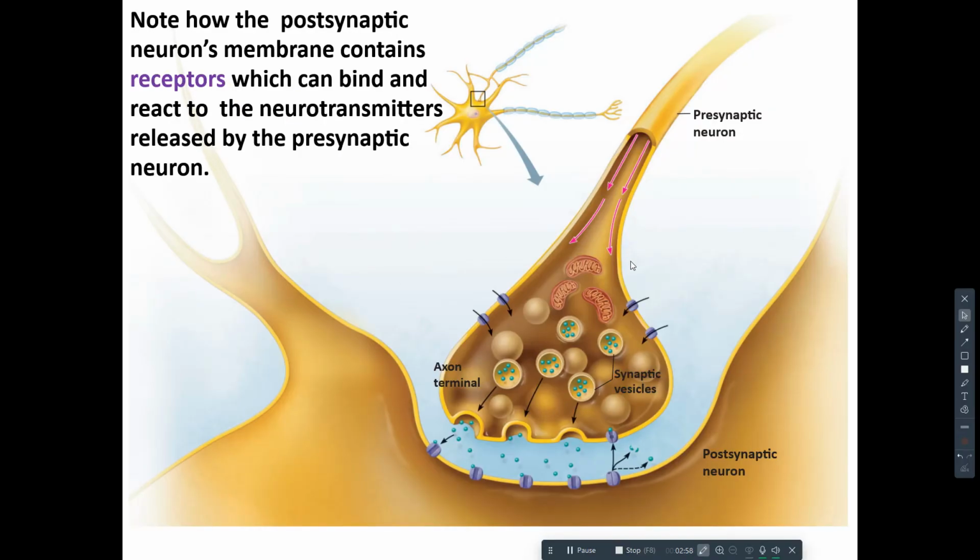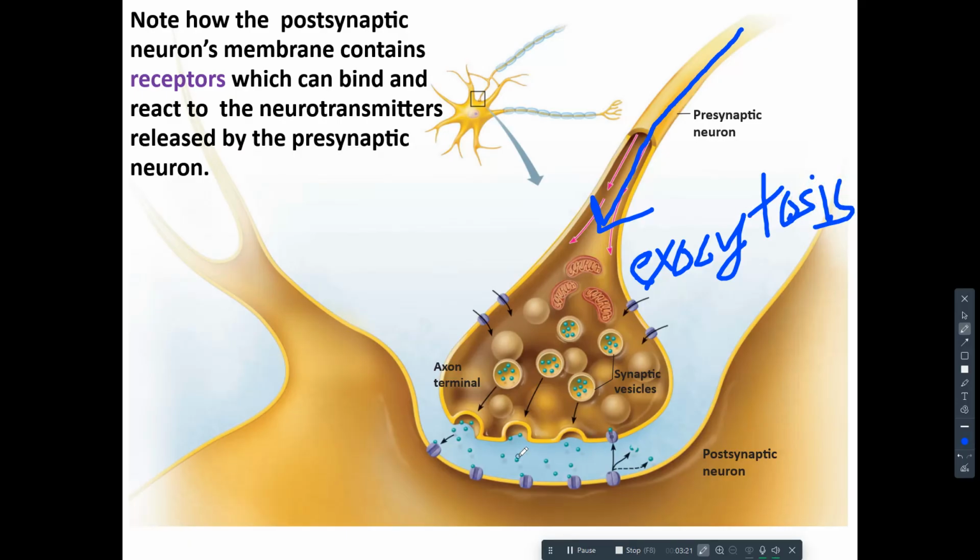So what's going to happen is when the electrical signal comes down the presynaptic axon, it's going to cause these synaptic vesicles to release their contents. They're going to do some exocytosis that releases the neurotransmitters into the synaptic cleft.